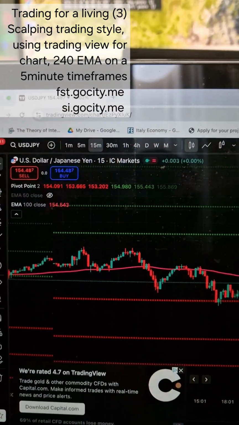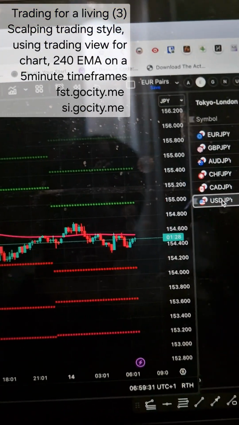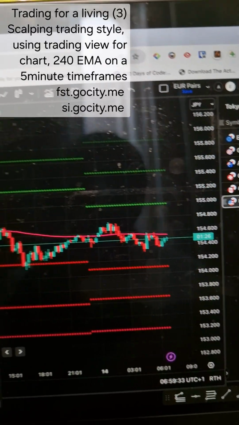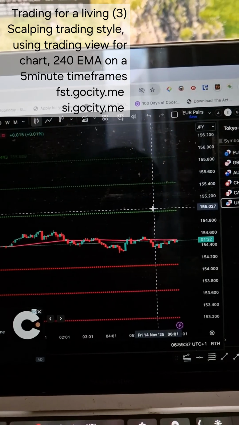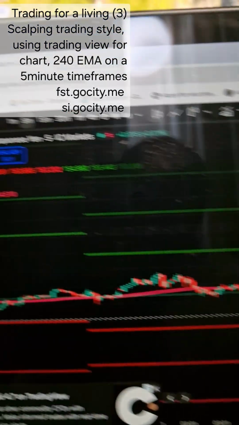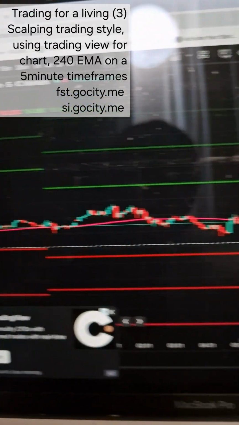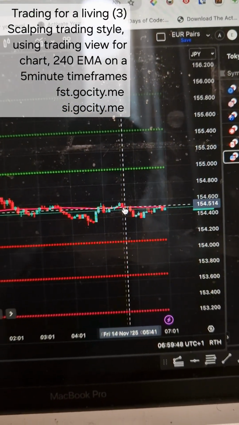I'm actually using the 15-minute time frame for more clarity of each support. If we try it on, let's say, the 5-minute time frame, you can see that the 100-day moving average is not giving us a good support line.